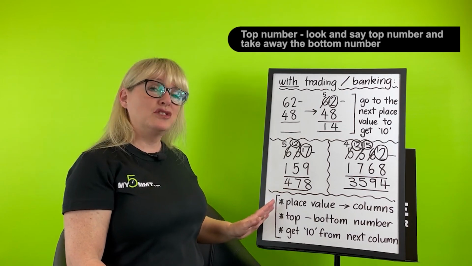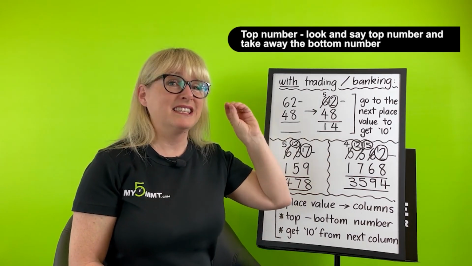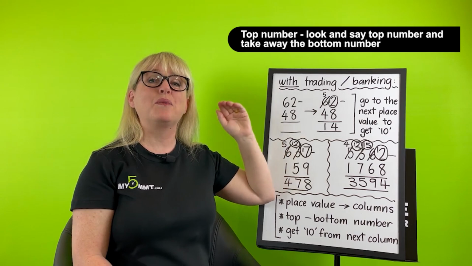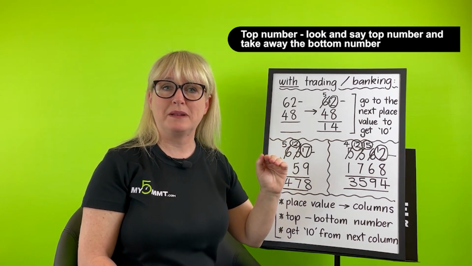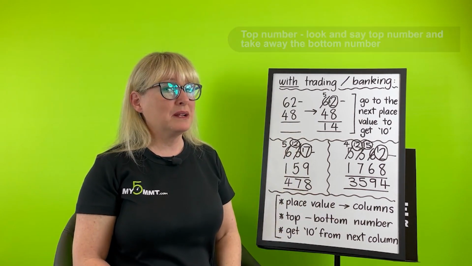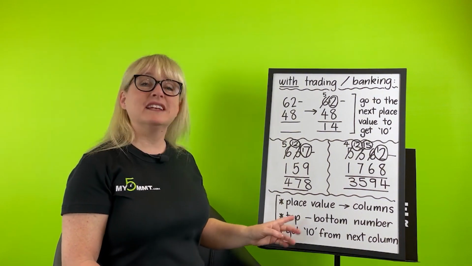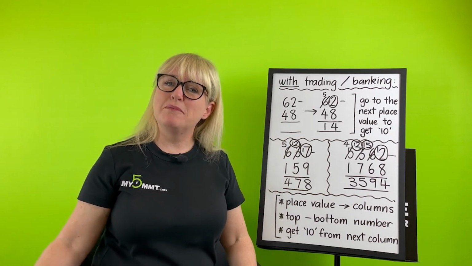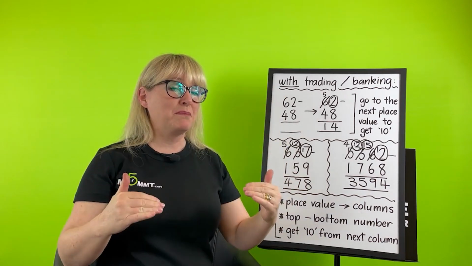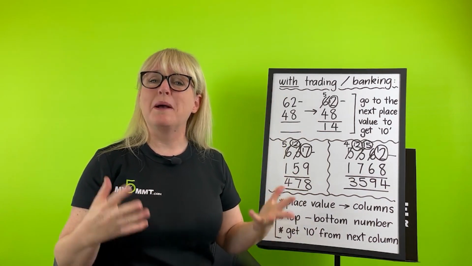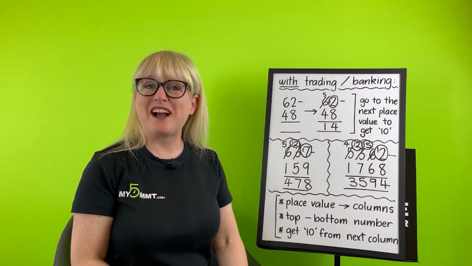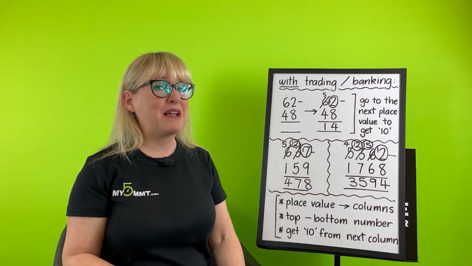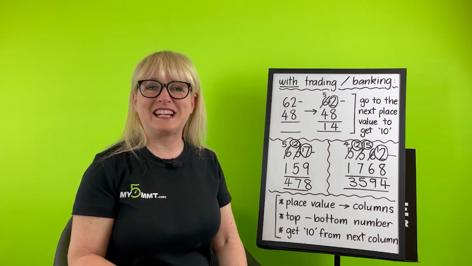I take my top number, I look at it, I say that top number, and I take away the bottom number from that top number. And if that top number isn't big enough, I go next door and get 10 from the bigger place value. So I move across and I go top to bottom, and there's a set strategy, but practicing the subtraction algorithm will be an extra method that you can use to take numbers away.